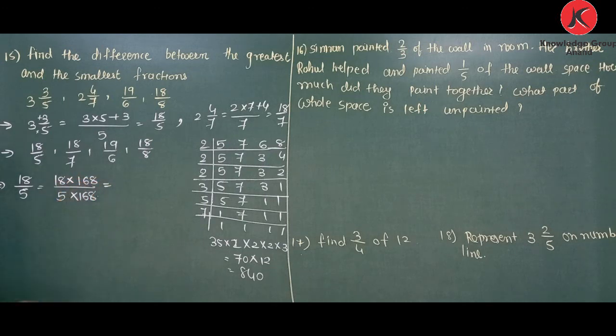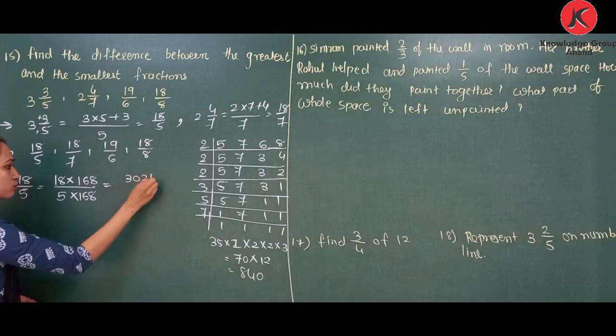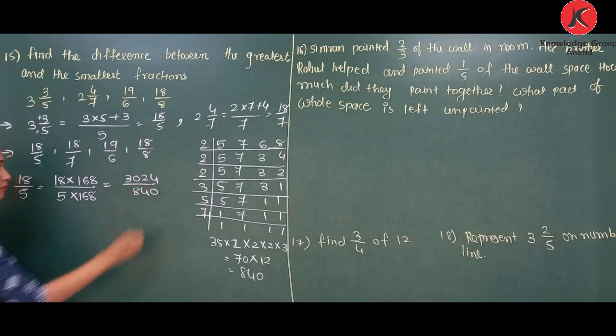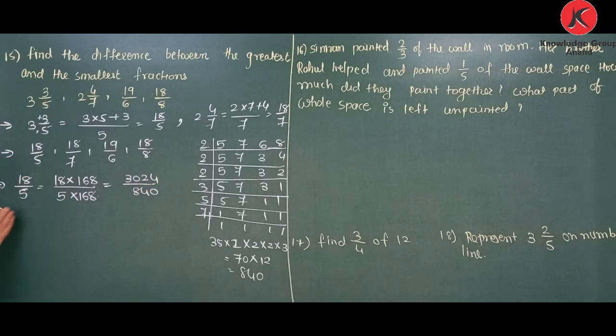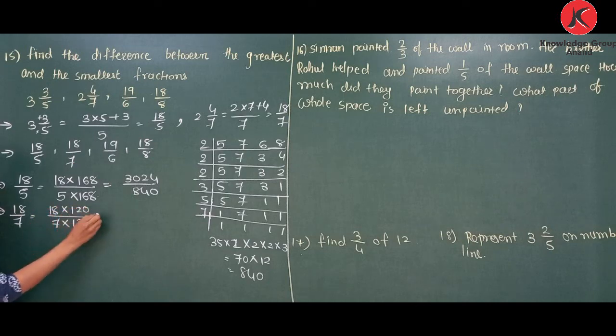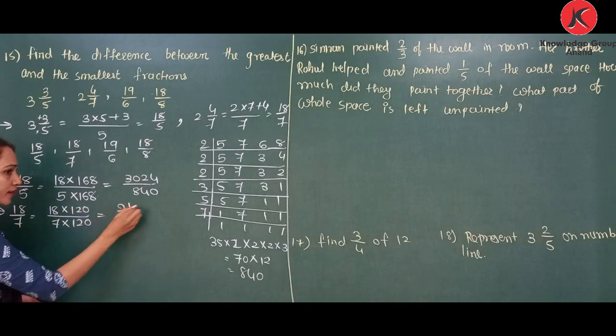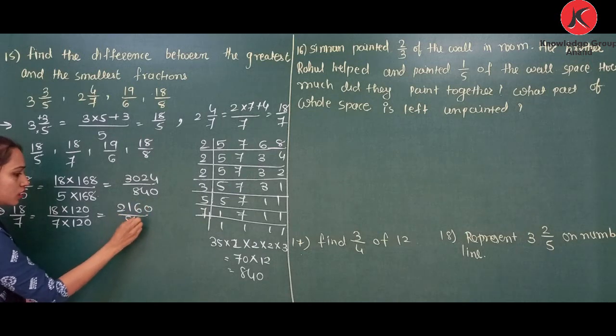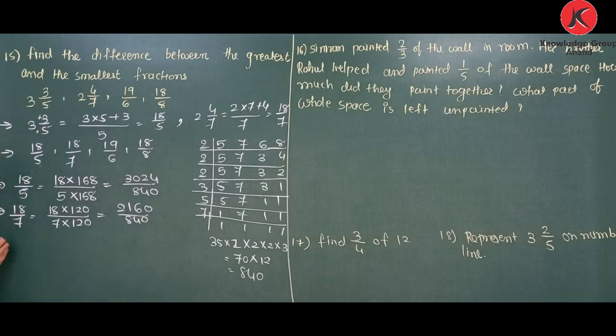If we multiply this, we get 2160 divided by 840.